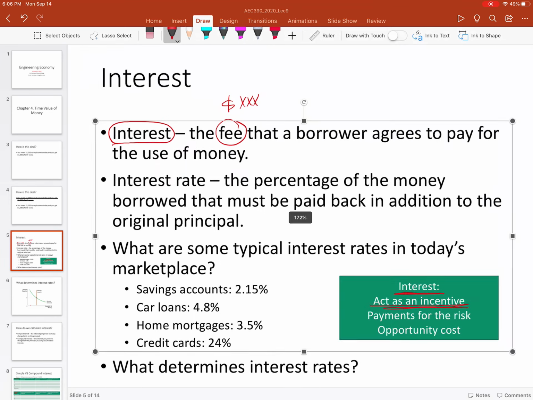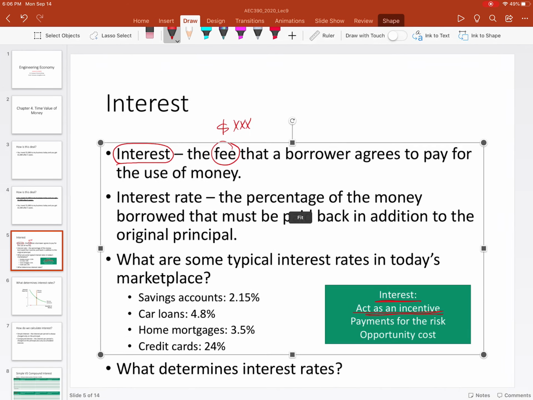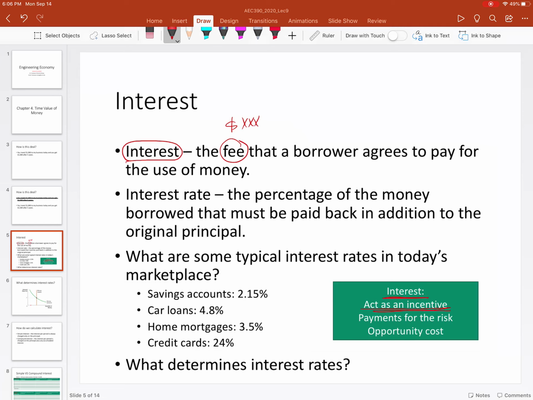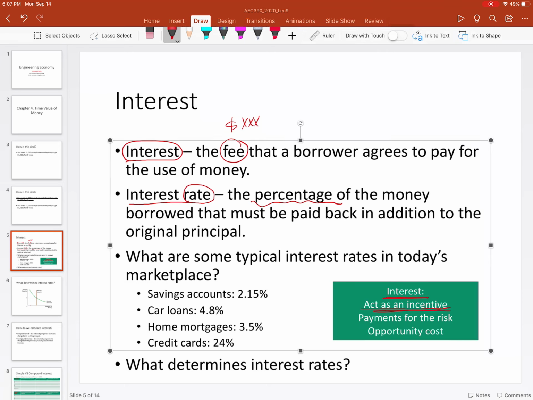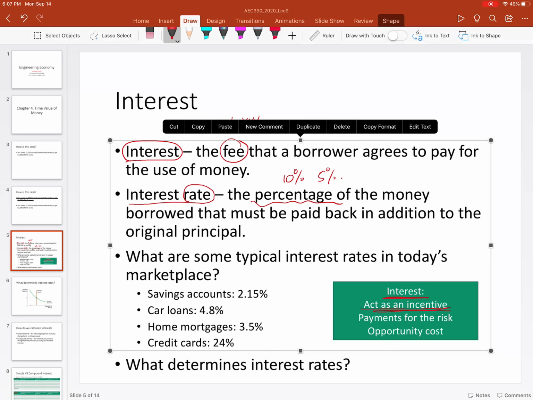And another concept is called interest rate. Interest rate is not the amount of money itself. It is a percentage. So an interest rate could be 10%, 5%, any percent.